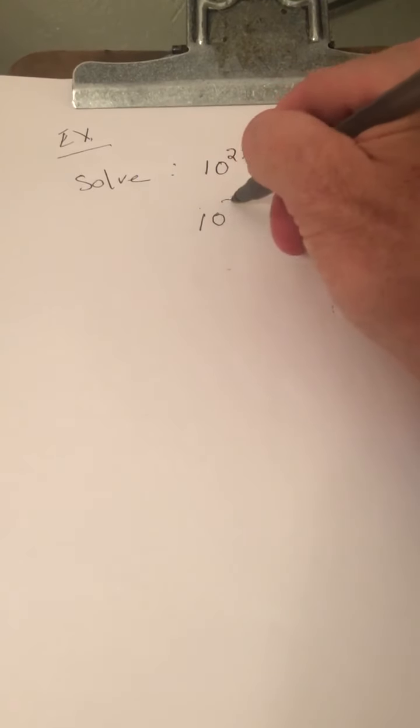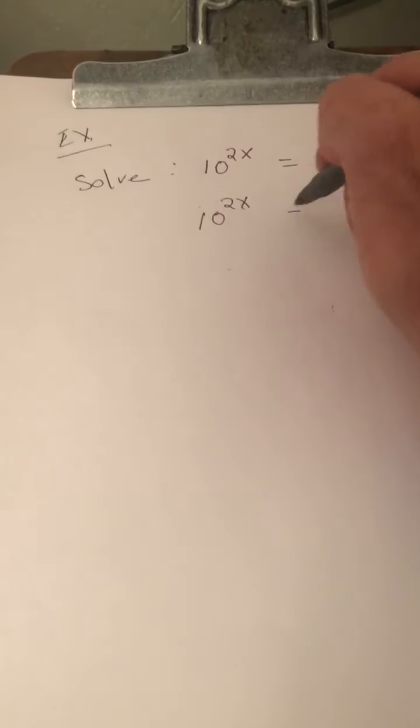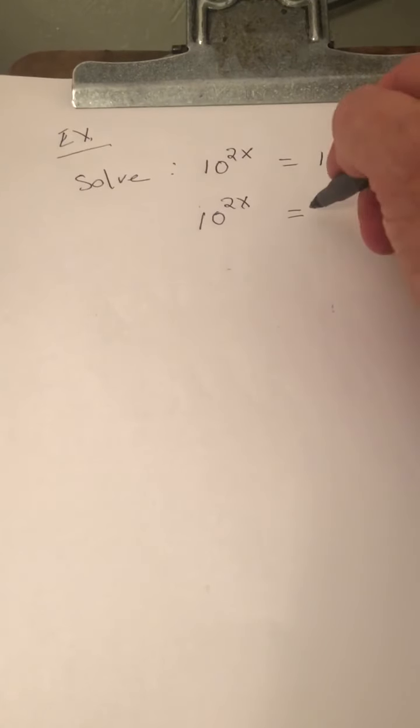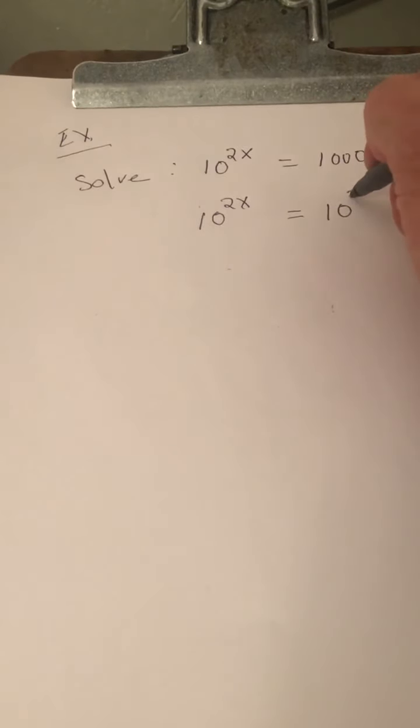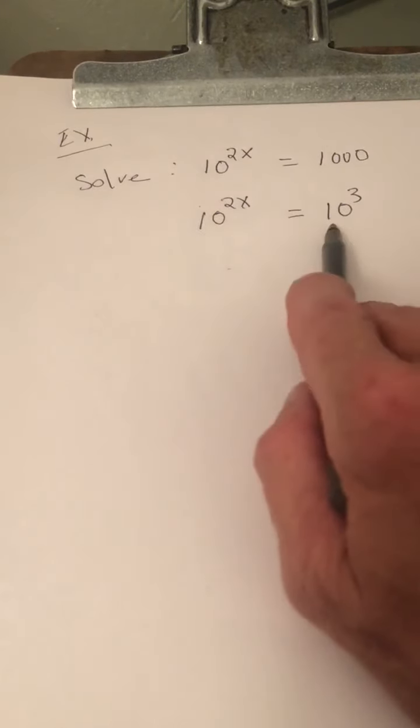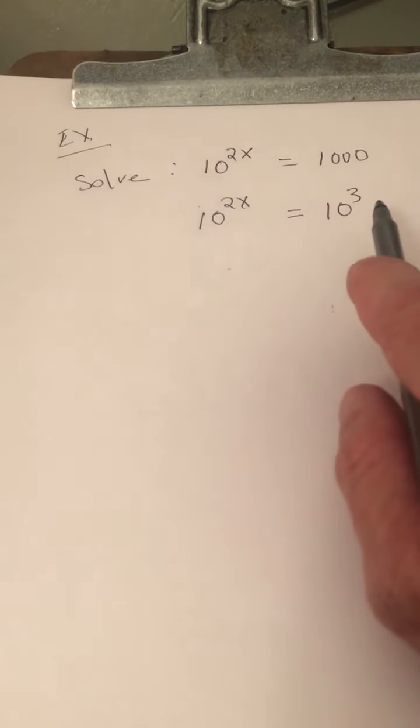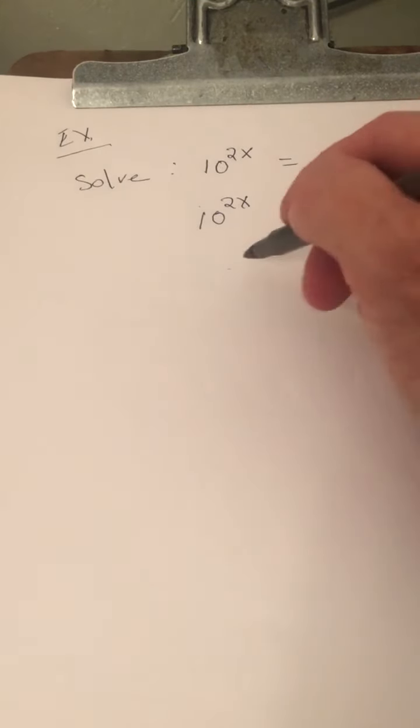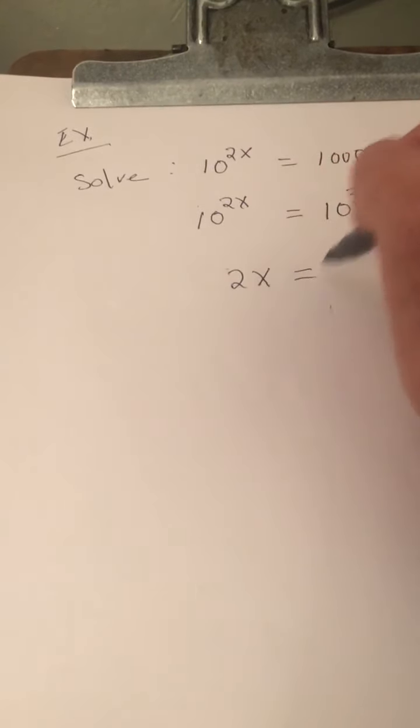You may realize that 1000 is actually 10 cubed. 10 times 10 times 10 is 1000. So we have the same base, so we're going to use the one-to-one property again. And so we have 2x is equal to 3.